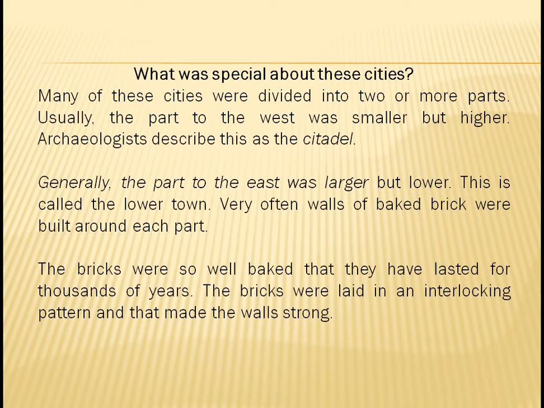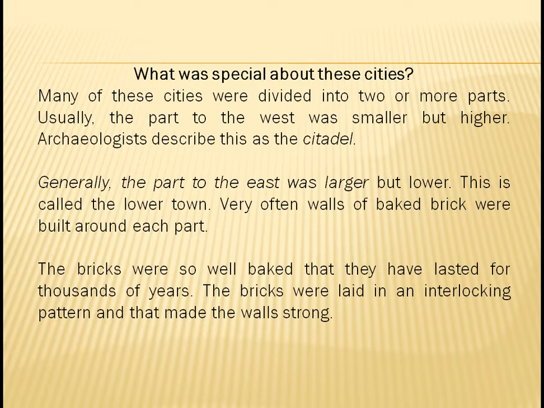what was special about these cities? So we already saw in our explanatory videos what was special. Their design, their layout and their pattern of construction of the houses and everything was very unique, right? Like the citadel form.